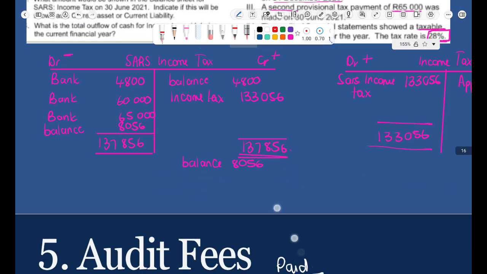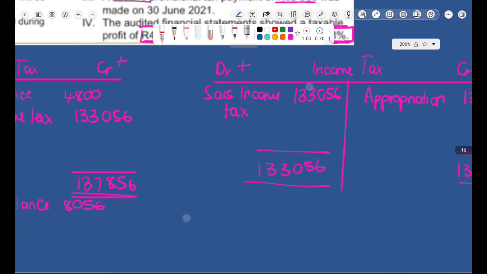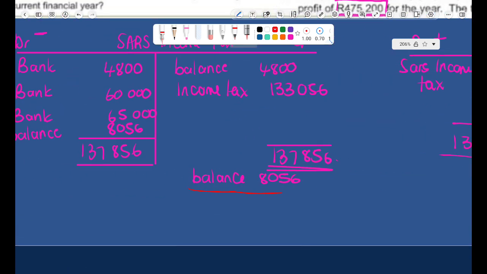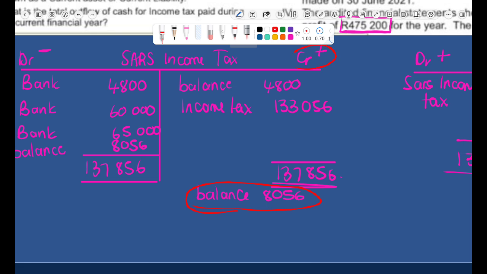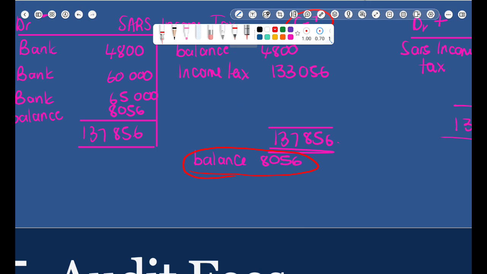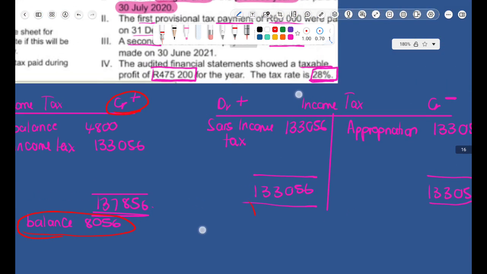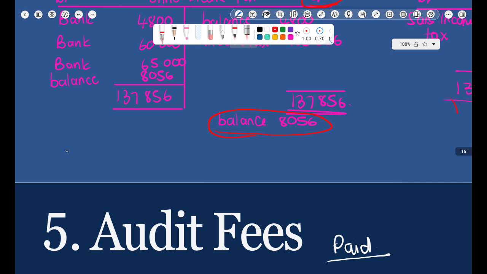So whenever you get a closing balance, can you see here, what did we get? We got a credit balance. So my closing balance was on the credit side. Whenever it's on the credit side of the SARS income tax account, it means that you owe SARS.